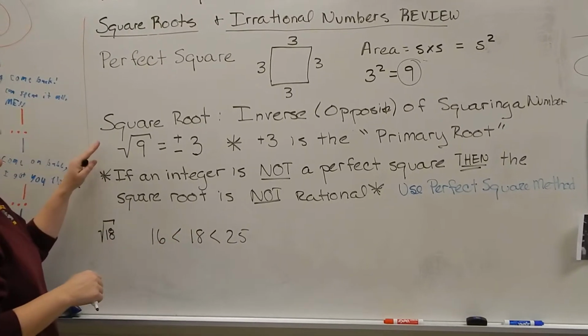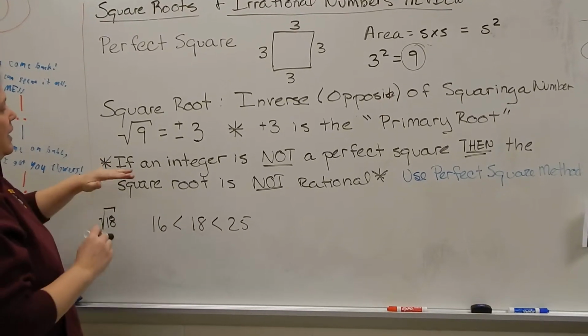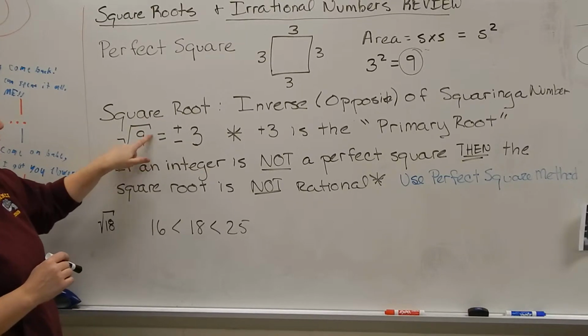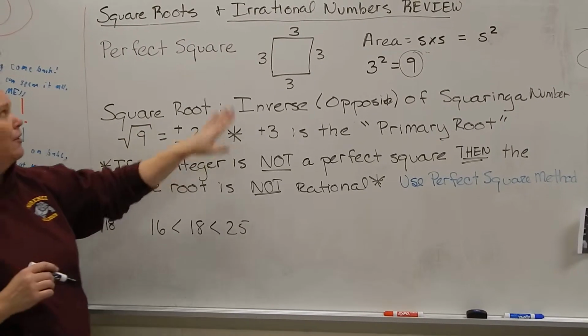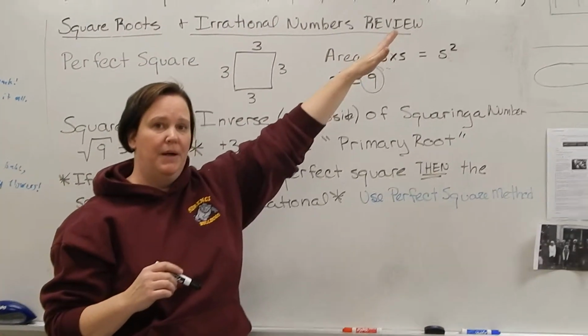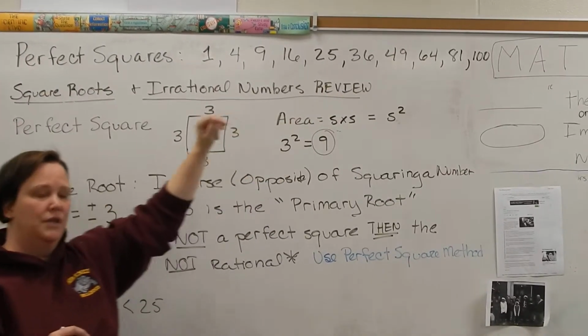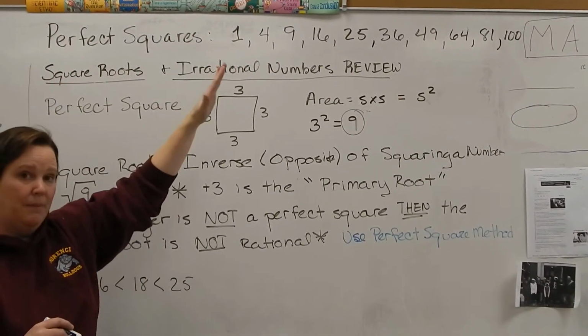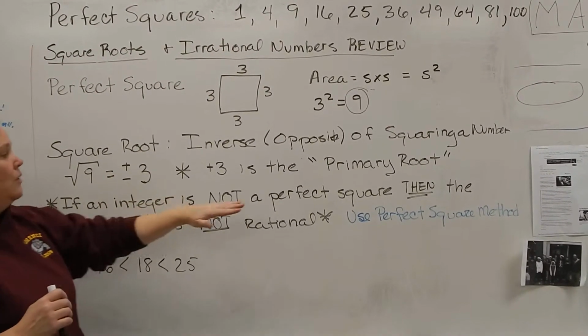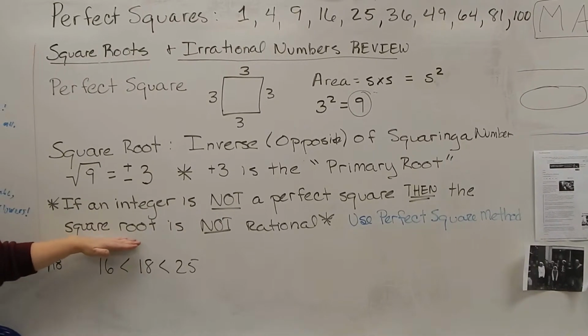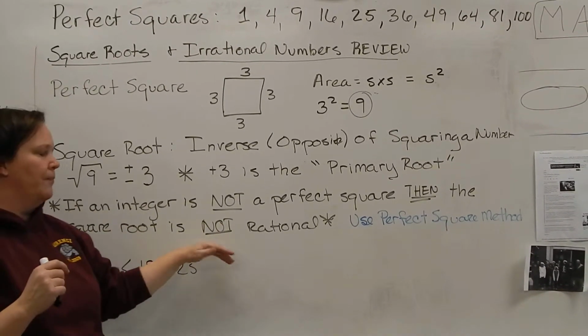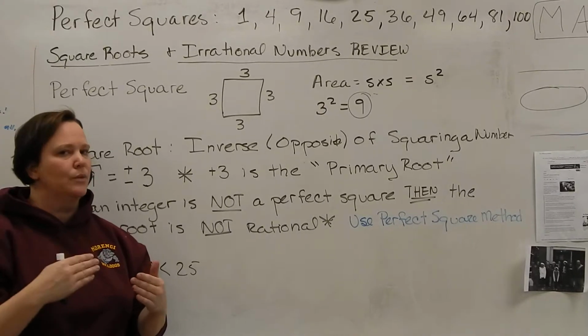All right. Now, if the integer, meaning this number here, is not a perfect square, if it does not end up on this line up here, please don't move the camera, John, it does not end up on this line here, then when you take that square root, that's not going to be rational. Now let's remind ourselves, what is a rational number?